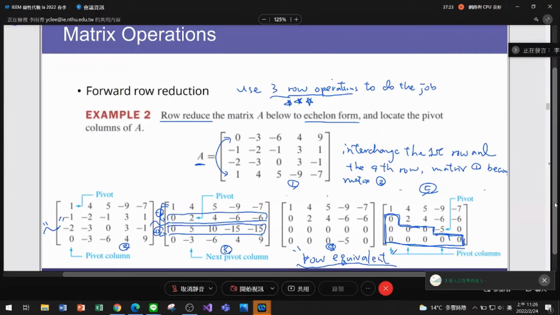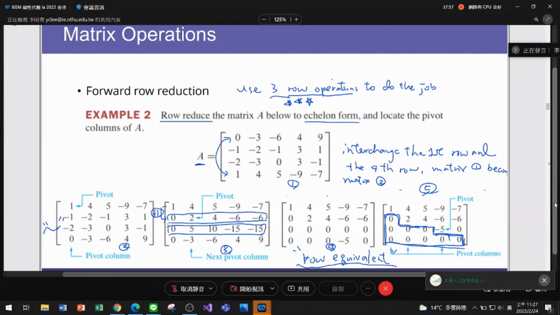So we can do the calculation: 1 times -1, which is -1, and then no, what should I do? The multiple should be... okay, 1 times +1, and then that's +1, and then add to the second row.